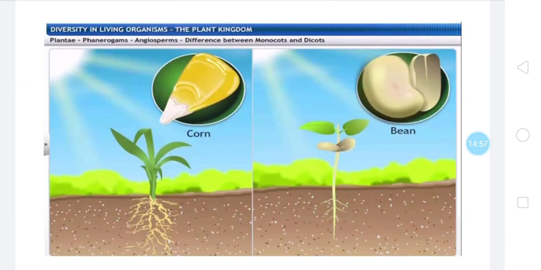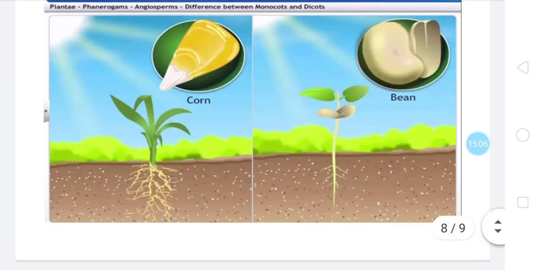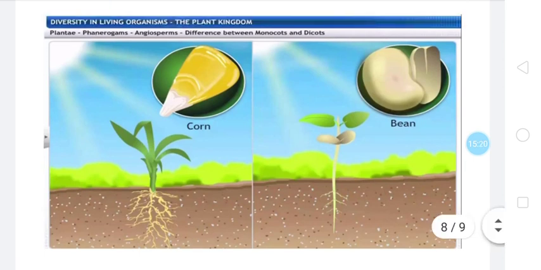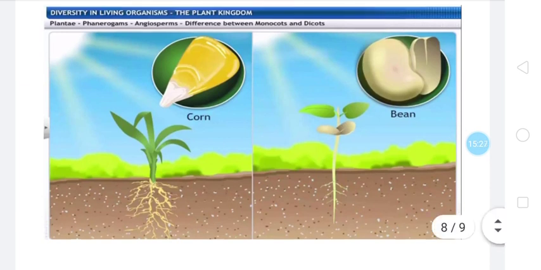Then we will take another plant, for example gram, or mango, or mung, or any other dicot plant convenient for you to watch.